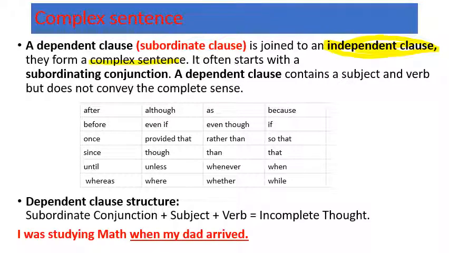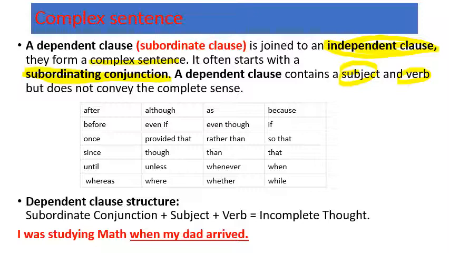These dependent clauses often start with a subordinating conjunction. The word that introduces a dependent clause is called a subordinating conjunction. And let's bear in mind that these dependent clauses always have a subject and a verb.